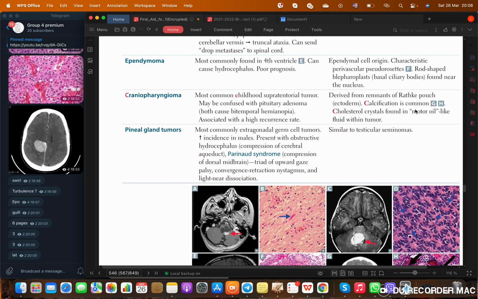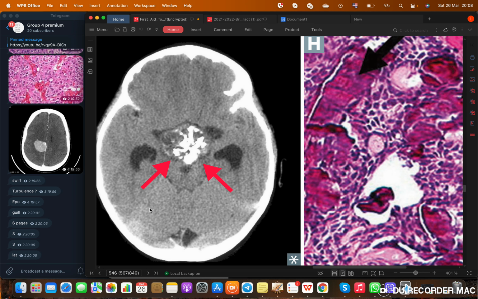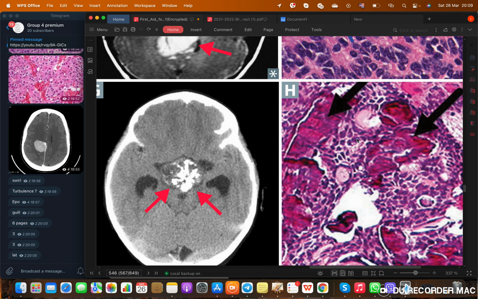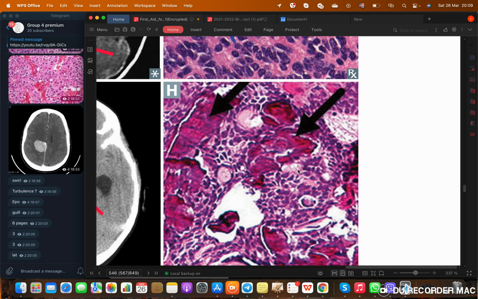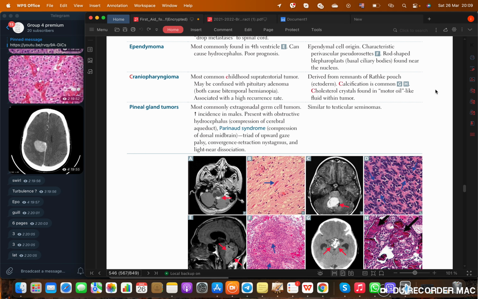It comes from Rathke's pouch. If you remember, that was the oral ectoderm that formed for us the adenohypophysis, which is the anterior portion of your hypophysis. Calcification can occur, as you can see here, okay? And you can see the bluish tinge of this calcification, because calcification in general in histology looks blue.